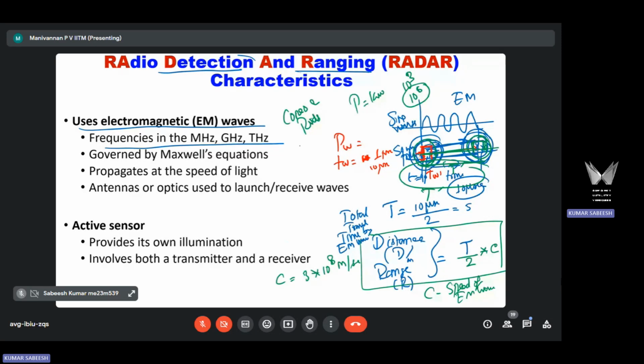So if I say this is my retina, inside your eyeball at the back side, it is maybe a small area measuring a few mm, maybe 3 to 4 mm. Inside the retina, it has 40 into 10 power 6 to 100 into 10 power 6 cones and rod cells.